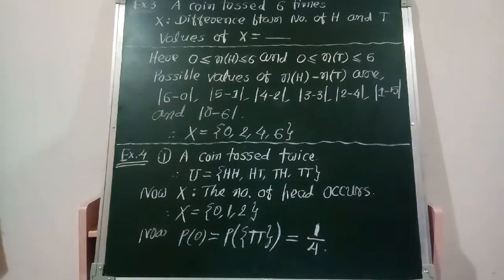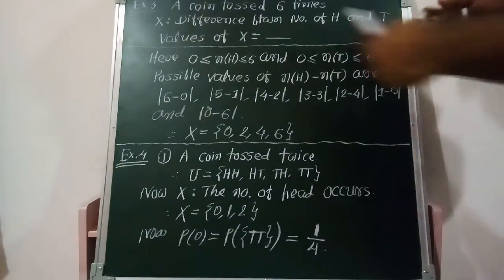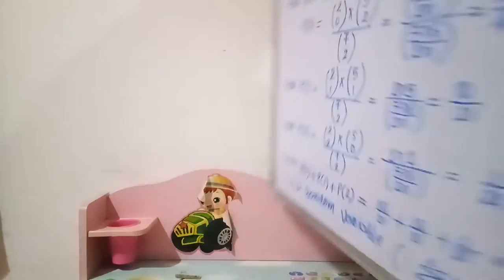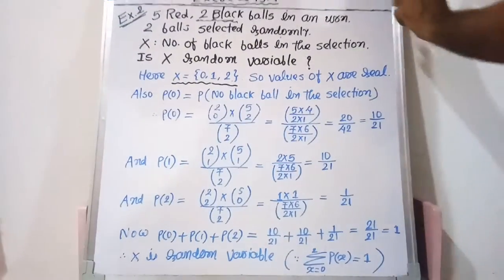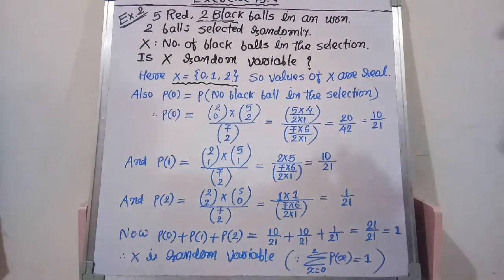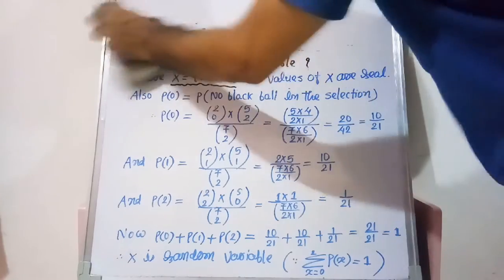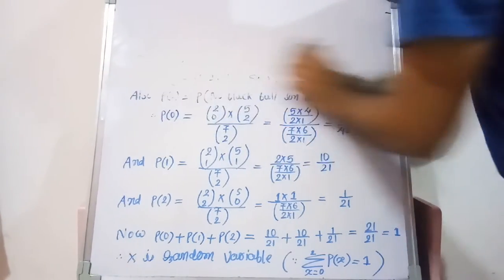Similarly, you can find the probability of head and tail occurring. So let us see the probability of getting head and tail. That is the one time success. Let us see what happened in that case.